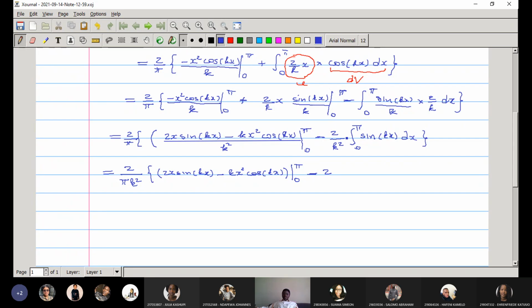Now, remember the integral, this one, I can integrate that, so the antiderivative will be negative cosine kx by k. So that negative with this one become positive, right? And here we have cosine kx by k, of course from 0 to pi.